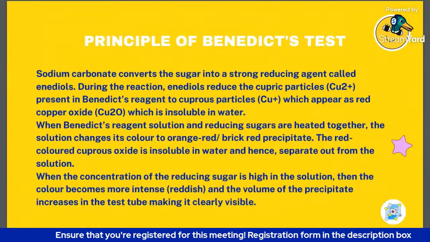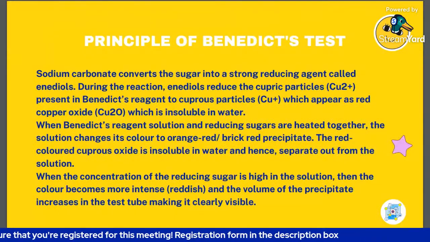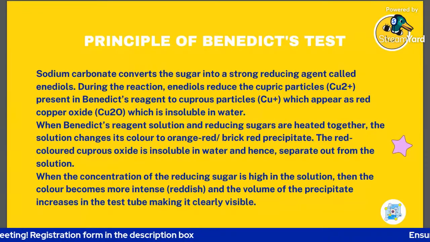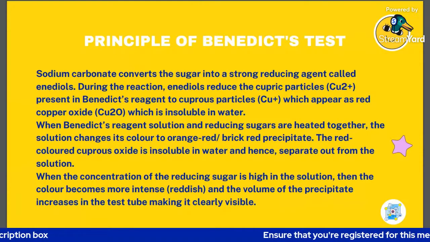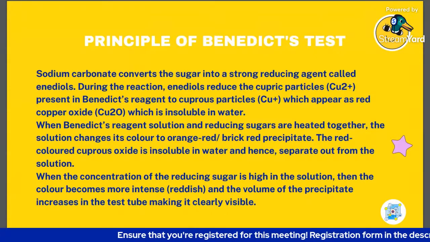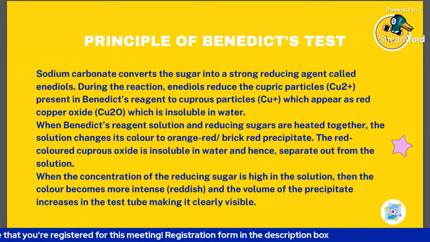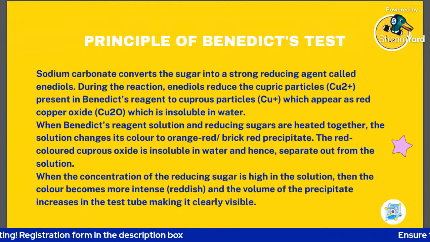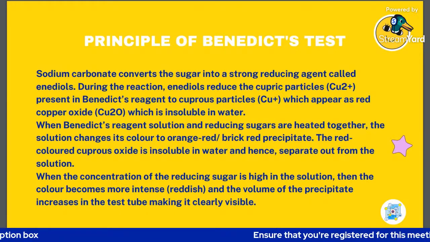Even though you have ketoses or ketones like fructose that can react with Benedict's reagent, in its ketone form, it is able to undergo a process known as tautomerization. So that means it can rearrange its structure to form an aldose form of the sugar. And then that aldehyde group is going to react with the reagent.